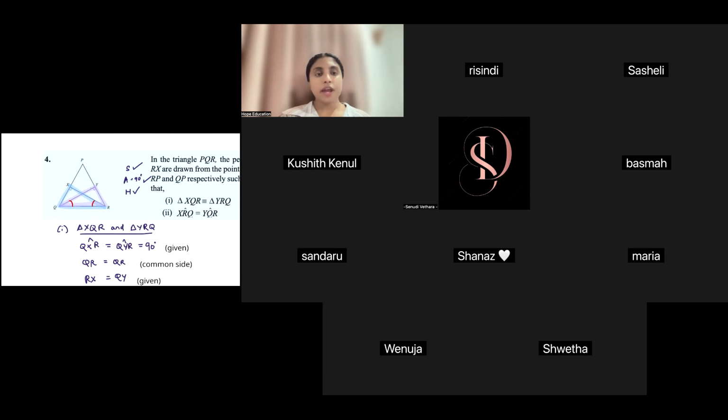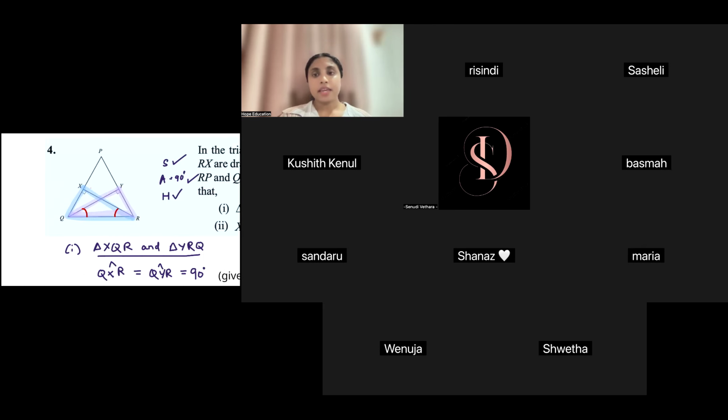So in the blue triangle, this angle should be equal to this angle in the purple triangle. So these two angles should be equal, right? Why? Because they are completely identical.